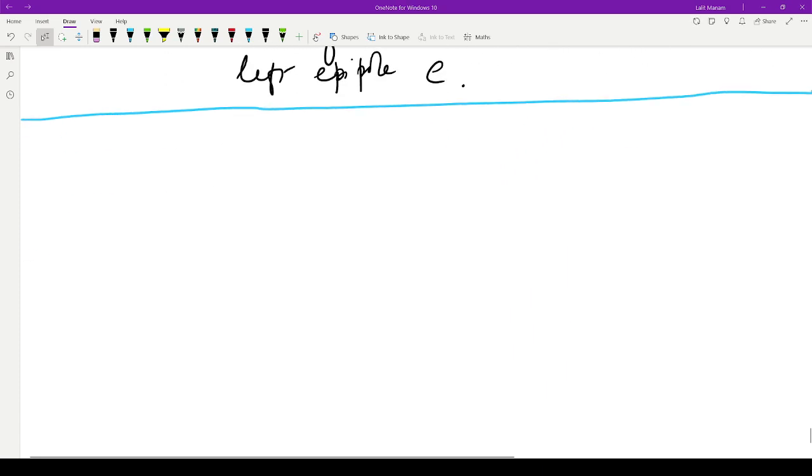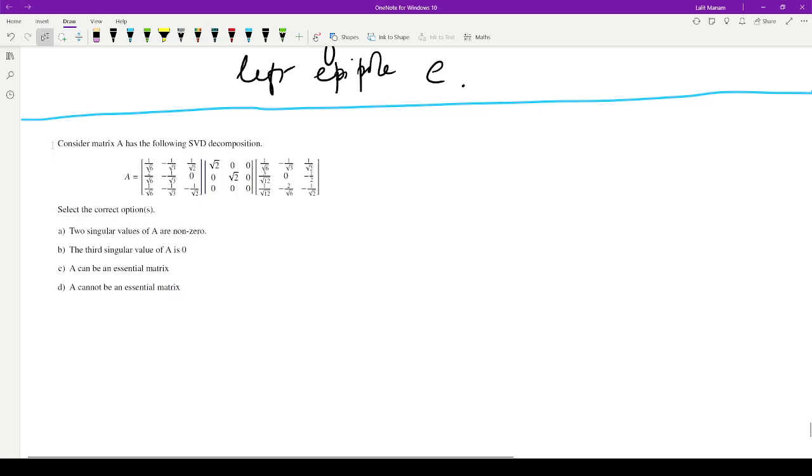Okay, I have an interesting question. This is not that interesting. This one looks different from the kind of questions that we did. This is a quick question actually. We have a matrix A for which the following SVD decomposition is given.